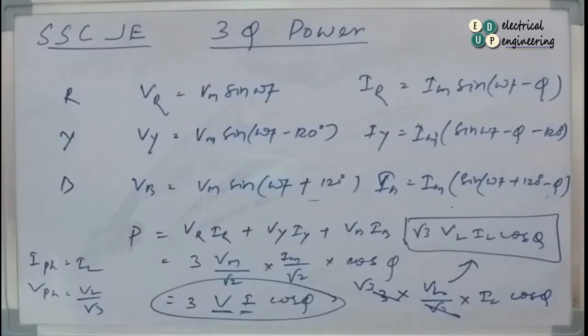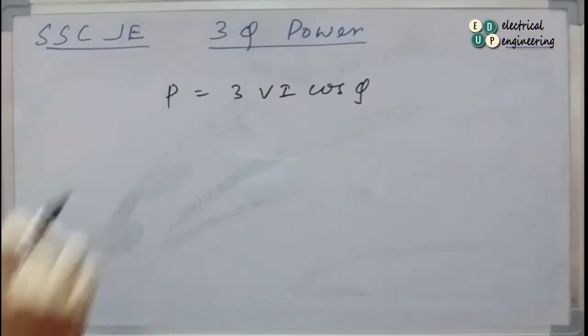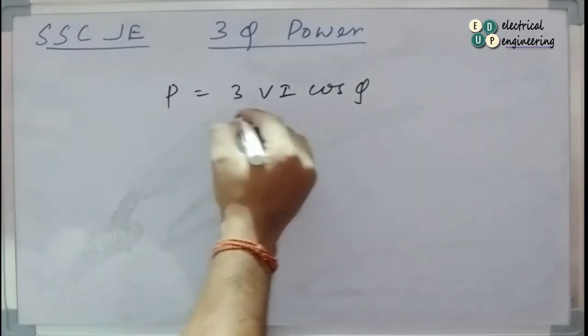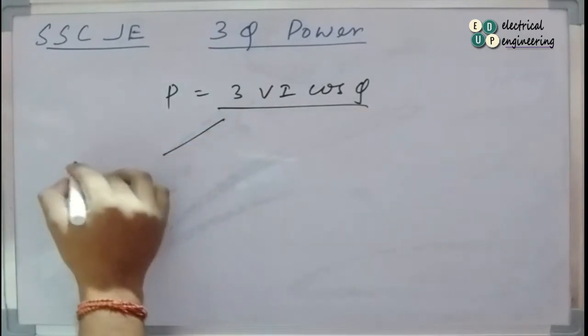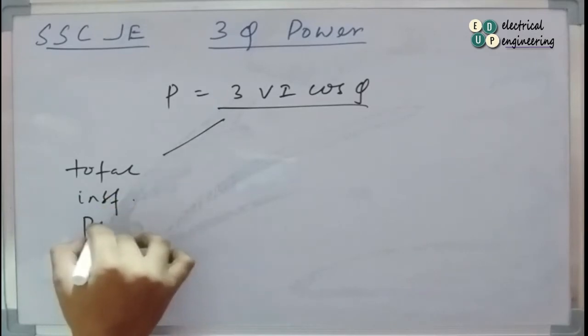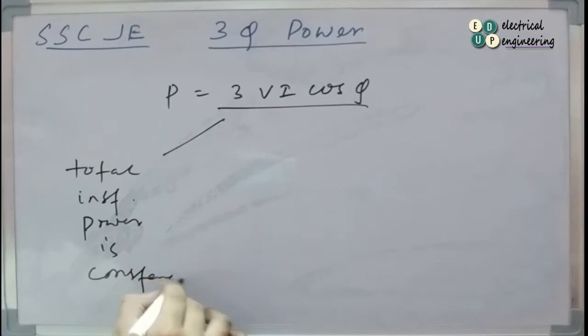So let's go to the next topic. From this power formula you can draw three conclusions. One is that total instantaneous power is constant.